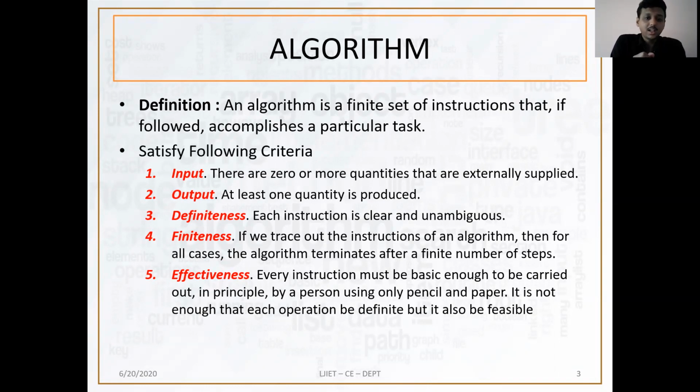Next one is finiteness. If we trace out the instructions of an algorithm, then for all cases, the algorithm terminates after a finite number of steps. It should not go into an infinite loop.